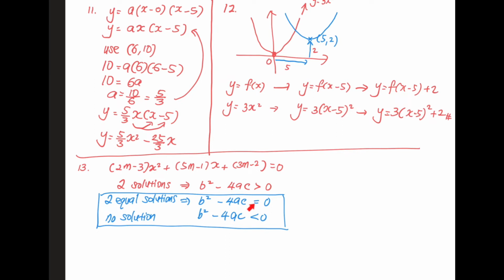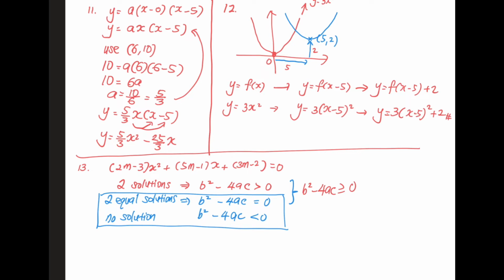Of course there is one more situation where they mention there are 2 solutions without saying that they are equal or different, and then you can use b squared minus 4ac more than or equal to 0, which is the combination of the first and the second. We can use this if they don't mention whether the solutions are different or equal.